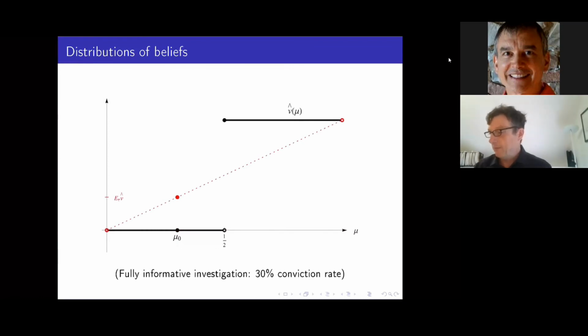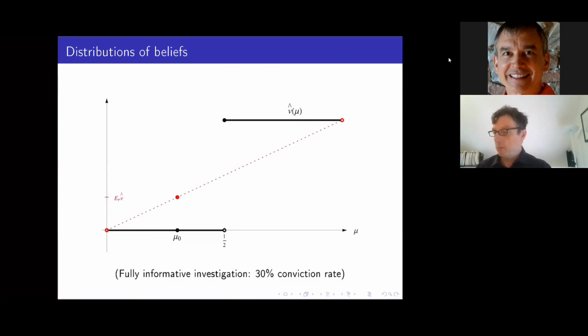Okay. If we have a fully informative investigation, then we either end up at posterior belief 0 or at posterior belief 1. If we end up on posterior belief 0, then we're going to acquit the defendant. If we end up with posterior belief 1, then we're going to convict the defendant. Now, what is the utility?